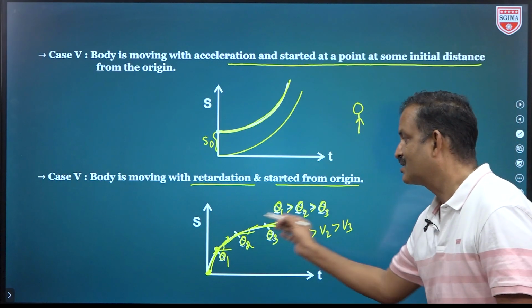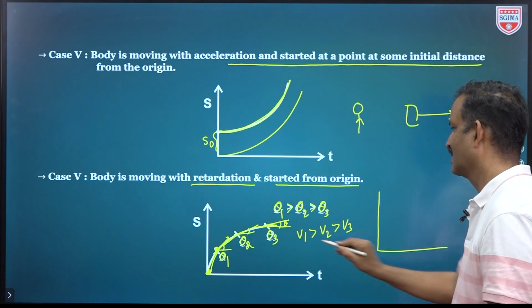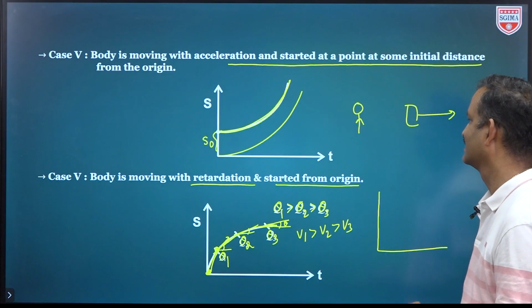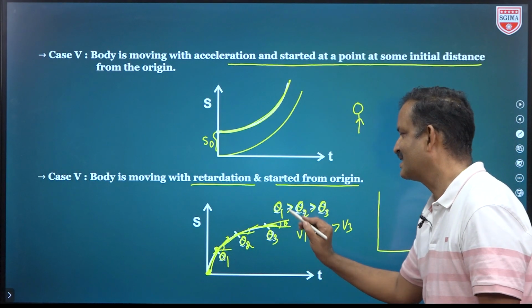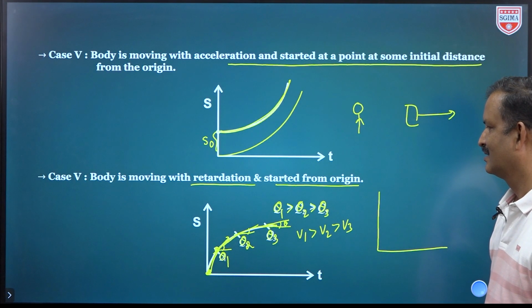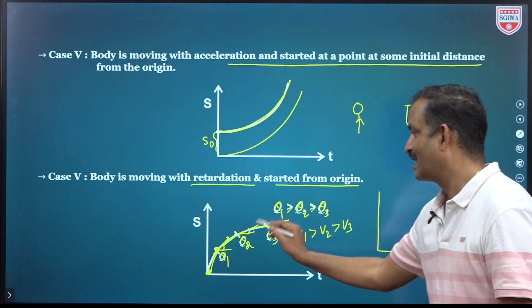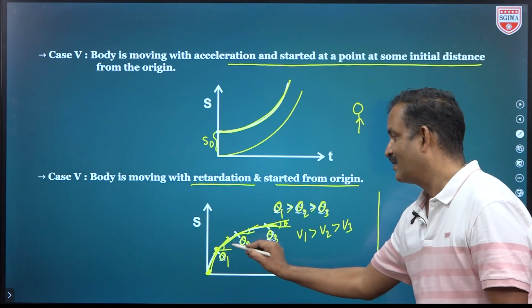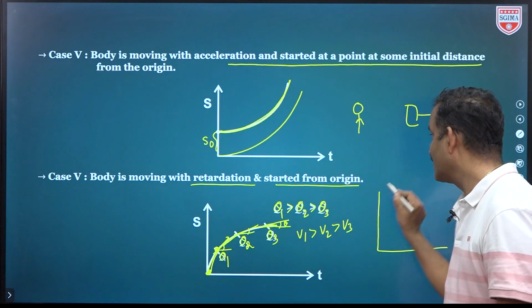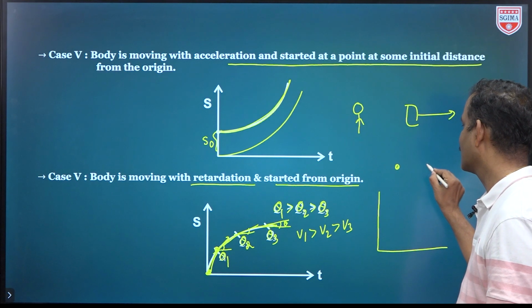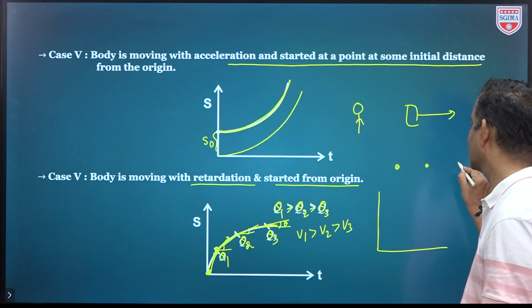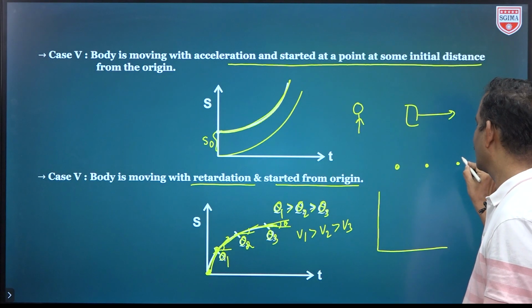But initial velocity is more. Gradually at this point velocity is less, and here velocity is very less.